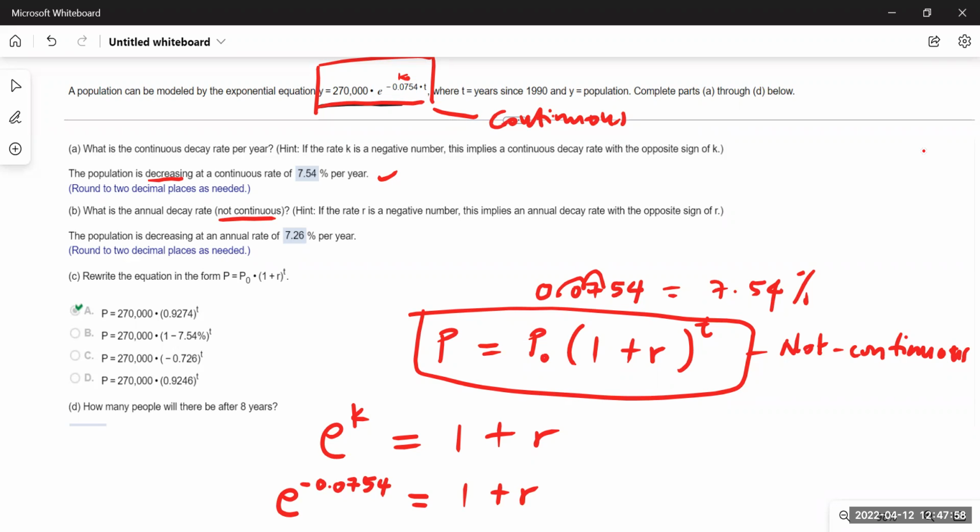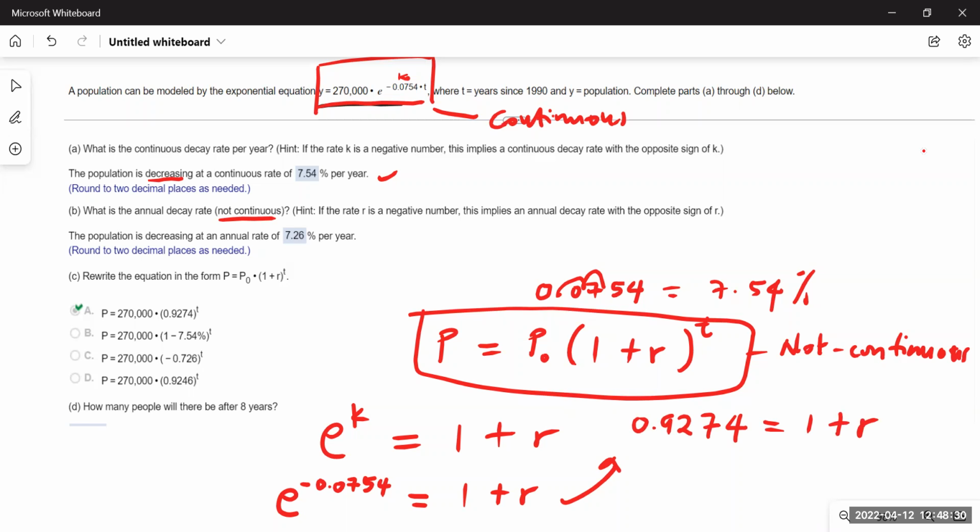So e exponent negative 0.0754 will give you, let's do 4 places, 0.9274. And this is equal to 1 plus R.